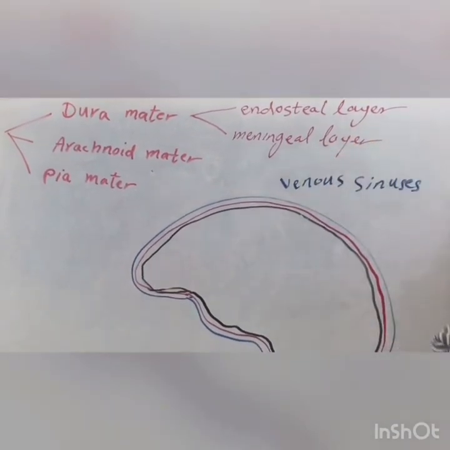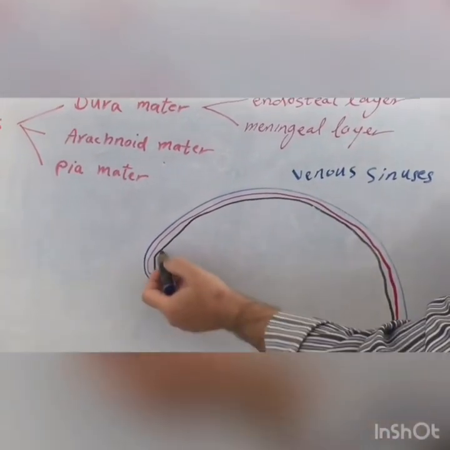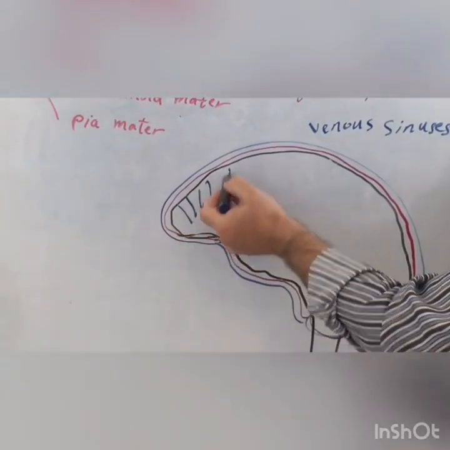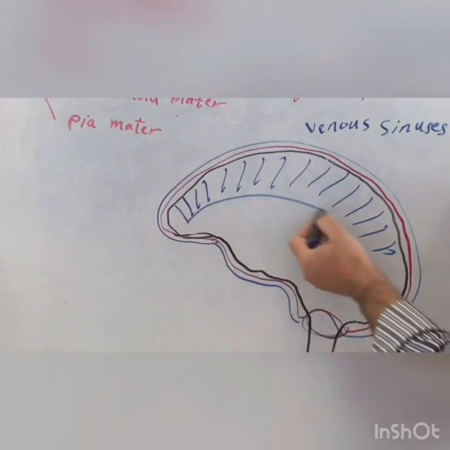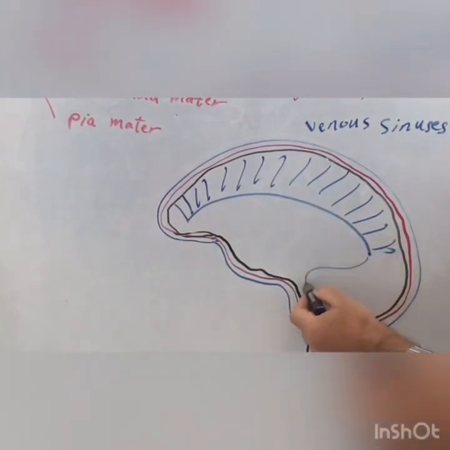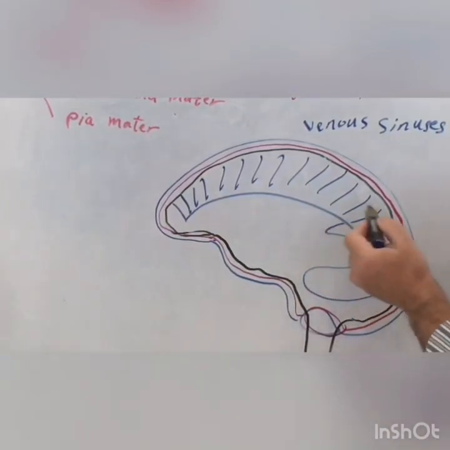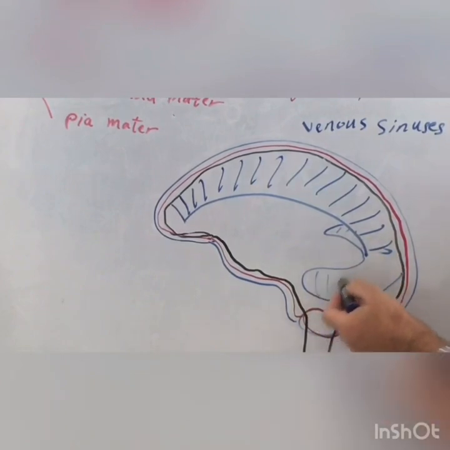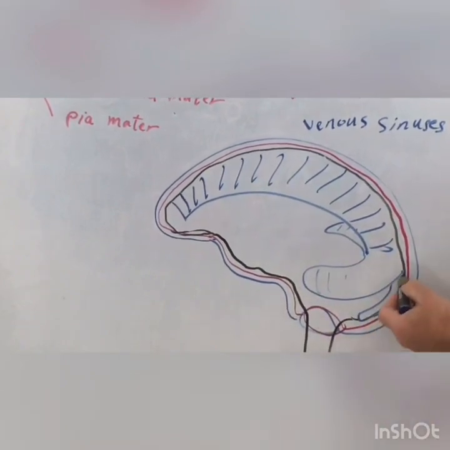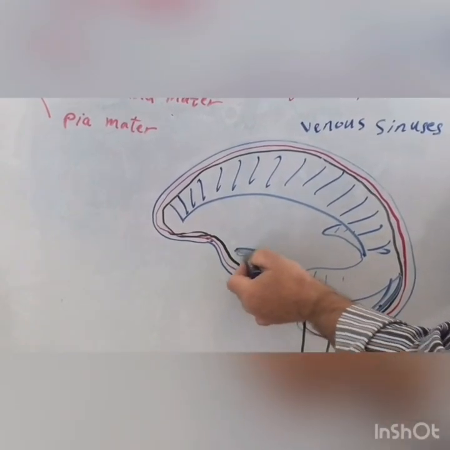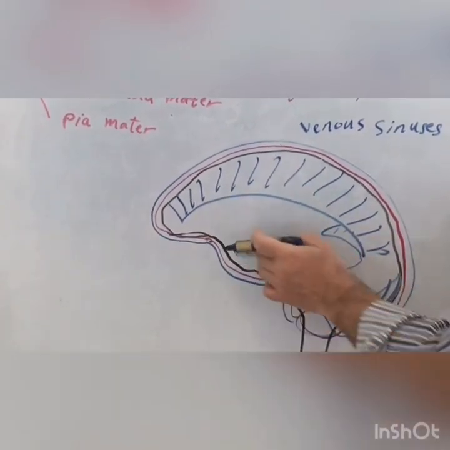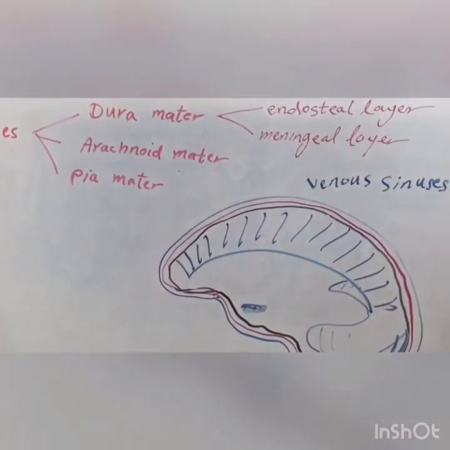It forms extensions. One of them here, we call it falx cerebri, this way, and another here, we call it tentorium, and falx cerebelli, and here diaphragma sellae. These four are related to the meningeal layer.